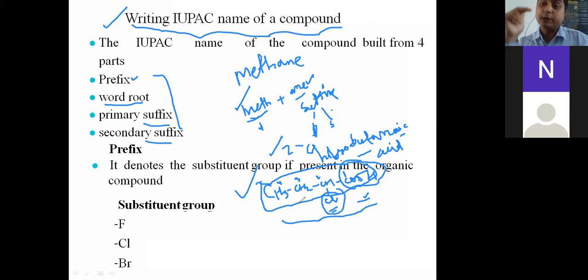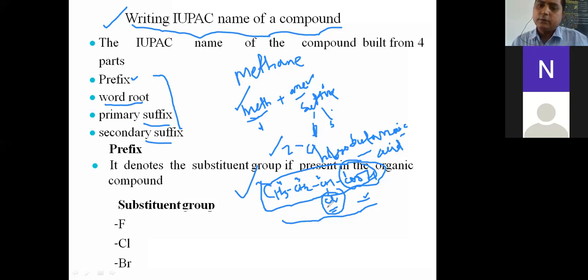Then we have to keep in mind the priority of the functional groups. The carboxylic acid functional group comes first, and the chloro group, meaning halogens, comes later. So we have to give the minimum number to the higher priority functional group, the carbon of that functional group.